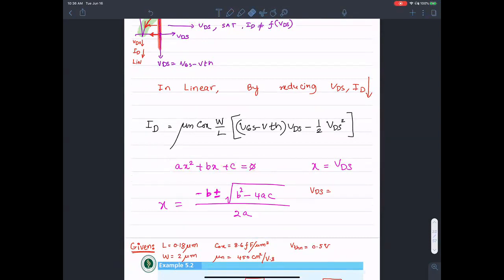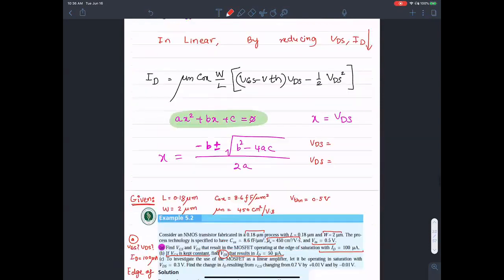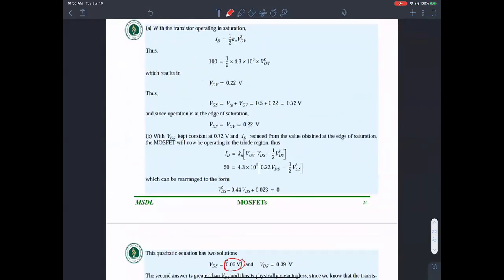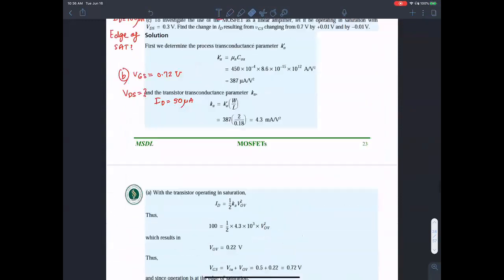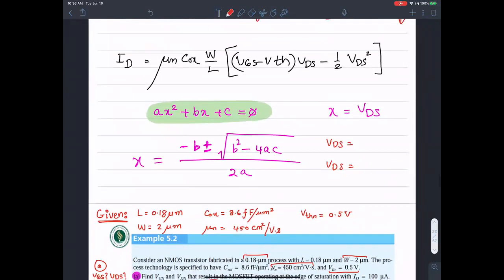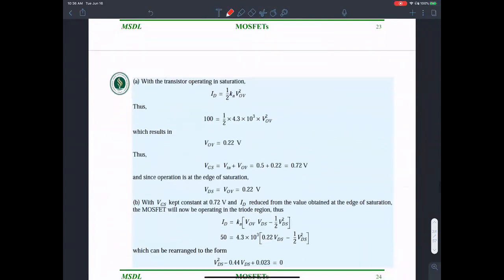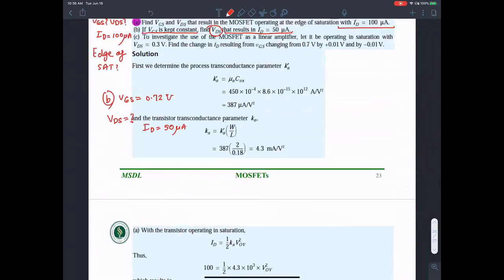This is a quadratic expression, so it should give you two values for VDS. There are two solutions to this: 0.06 volts and 0.39 volts.